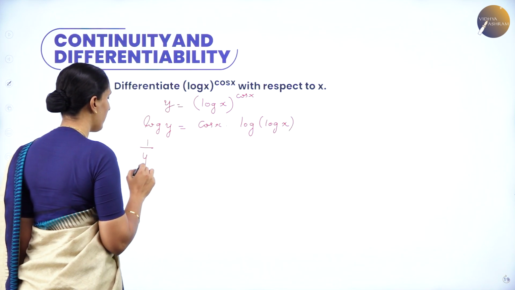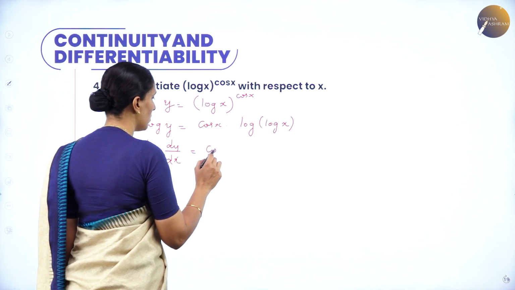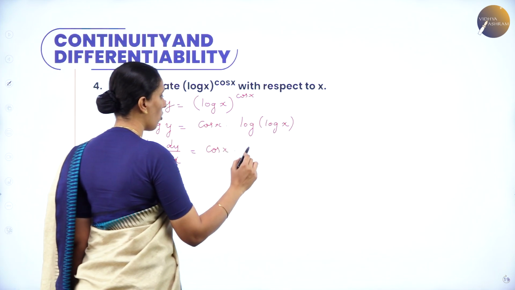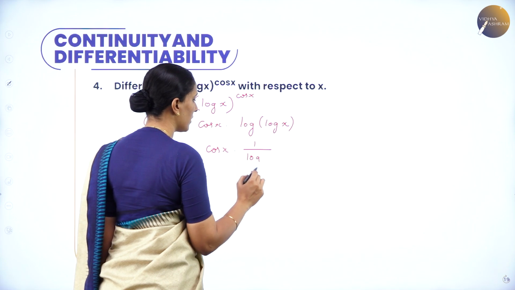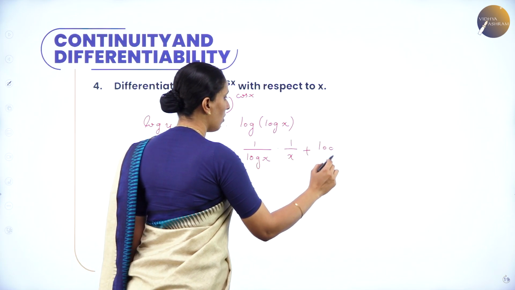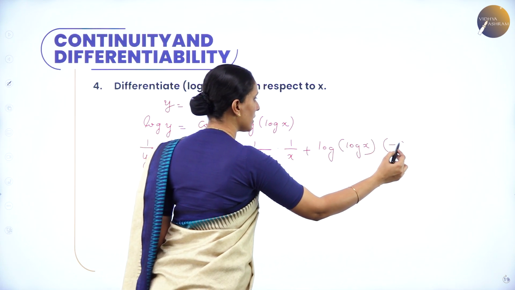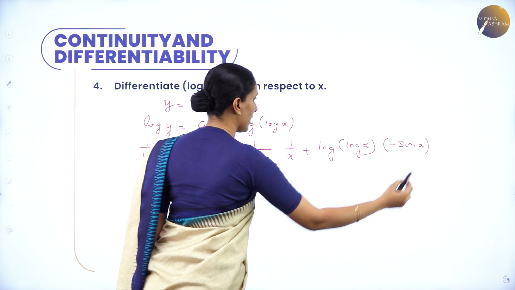So here 1 by y dy by dx is equal to cos x into derivative of log of log x, which is 1 by log x and log x is 1 by x, plus log of log x into derivative of cos x, which is minus sin x.